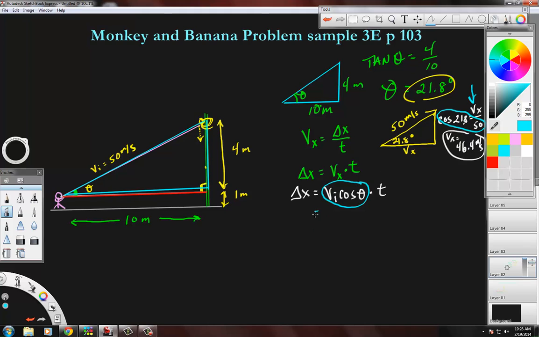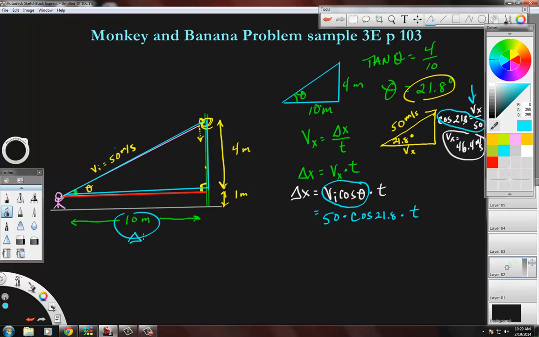When I plug in what I know, all of this stuff except for t, let's do the right side of this first. The initial velocity of the dart is right here, 50 meters per second. So that's 50 times, just for the sake of clutter, I'm going to leave the units off, times the cosine of theta, which we know is 21.8, times the time. The left side is delta x, and delta x is 10 meters.